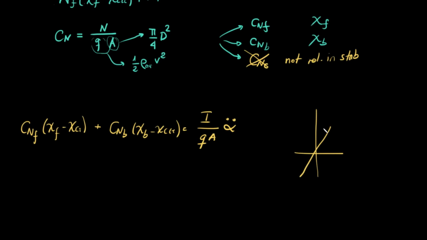So the rocket is here. This is alpha. If something destabilizes the rocket, it's going to be moving from side to side. It's going to have an angular displacement, which is the angle of attack. It's going to have a speed at which this perturbation is moving, the angular velocity, and the acceleration.